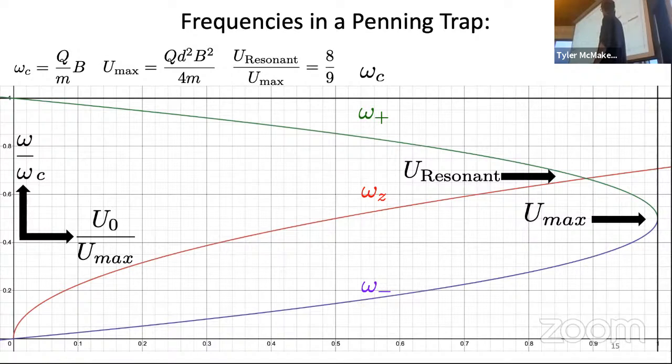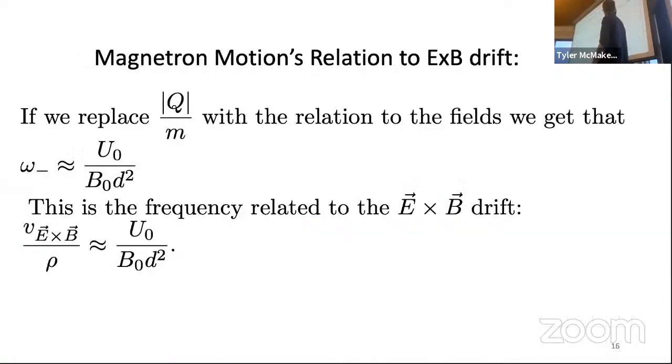In our experiment in this spinning trap that I simulate, we're kind of down to the left. But you can see as you increase this potential strength, the frequencies kind of close in on each other.